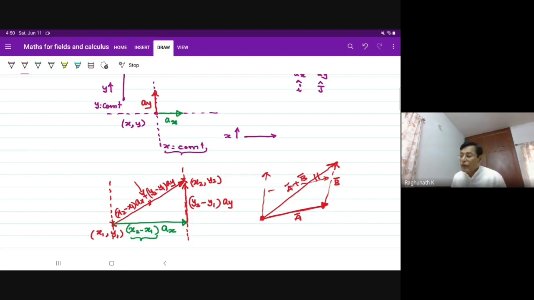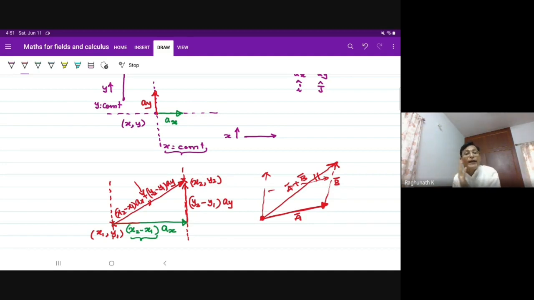So the vector from point x1, y1 to another point x2, y2 is x2 minus x1 ax. I will repeat this. I will go along a line of length mod of x2 minus x1, from x equal to x1 to x equal to x2, without changing y.